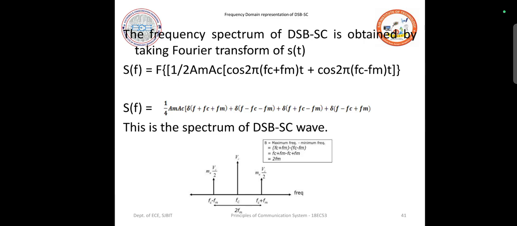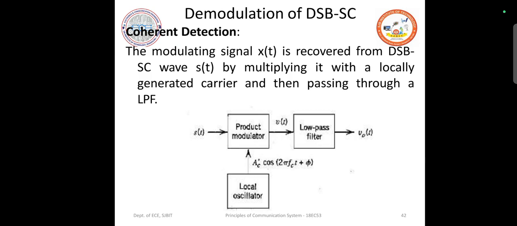So what you get is only two sidebands with the carrier suppressed, and the spectrum of that is also shown in the figure. What you can observe is that fc is not there at all. The fc plus and fc minus components are readily visible there. So this is how the modulation circuit works.